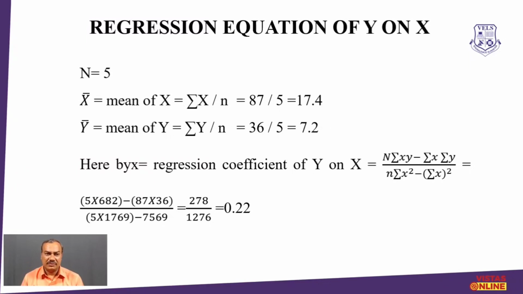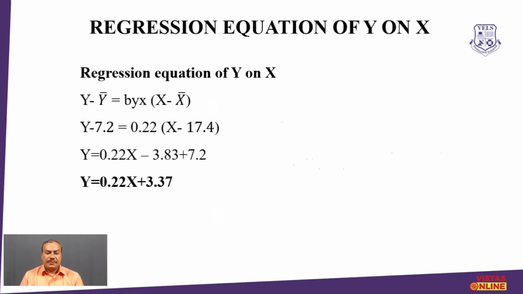All the terms we simply substitute in the above formula. Finally, we got the regression coefficient of y on x, byx equal to 0.22. So far we calculated x bar value 17.4, y bar value 7.2 and byx value 0.22.